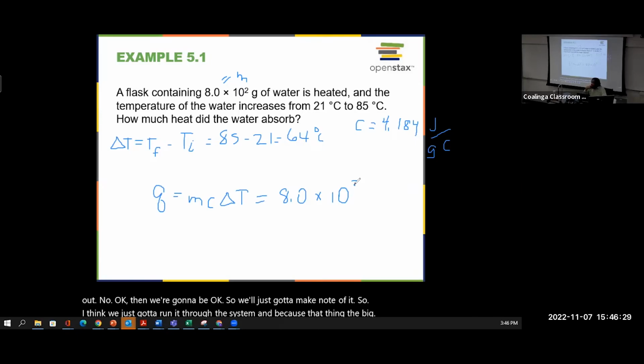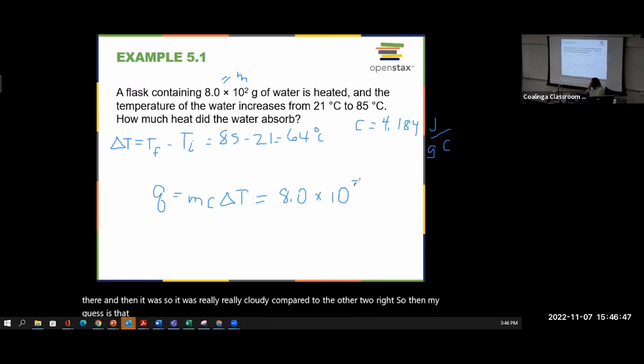Yeah, my guess, so my guess is that, remember how the one that you just cleaned with the water? So if you would probably compare to the other two. Right? Then I guess that there's remnants of stuff that wasn't totally pure in there.